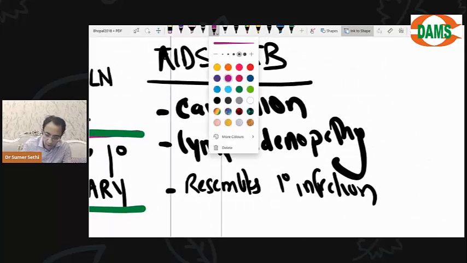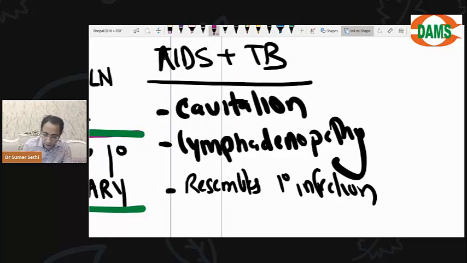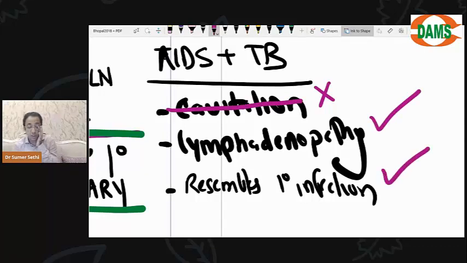So remember, in AIDS, cavitation is not seen because cavitation needs an immune response. But lymphadenopathy would be seen because it is seen in primary infection, and in AIDS, because you don't have an immune response to the organism, the infection resembles primary infection.